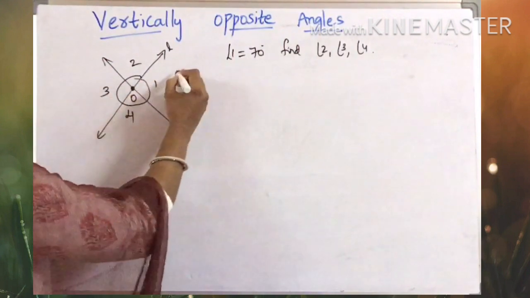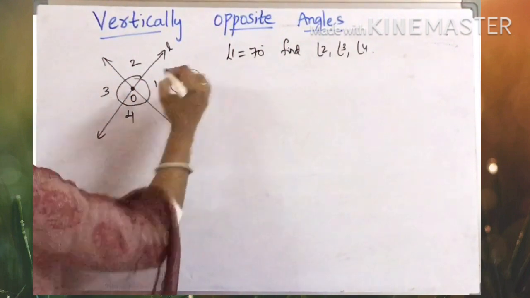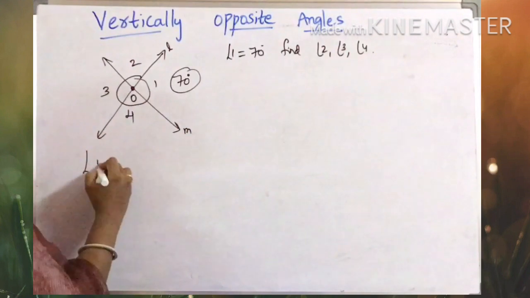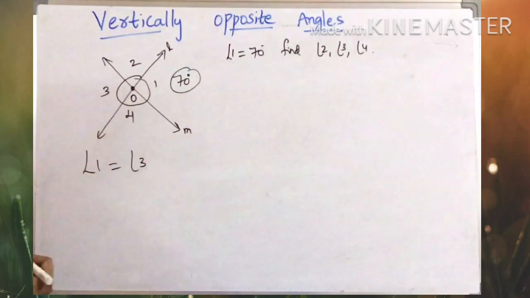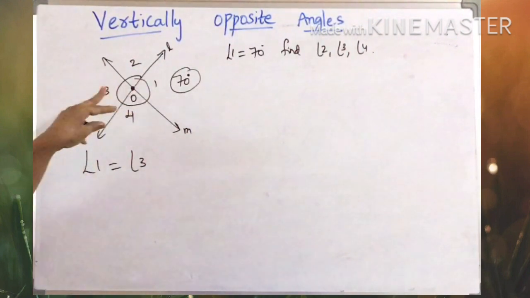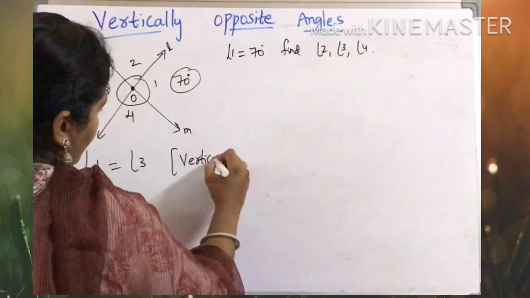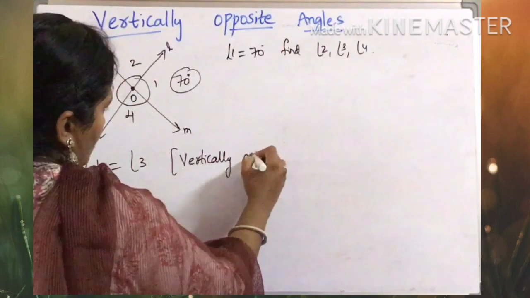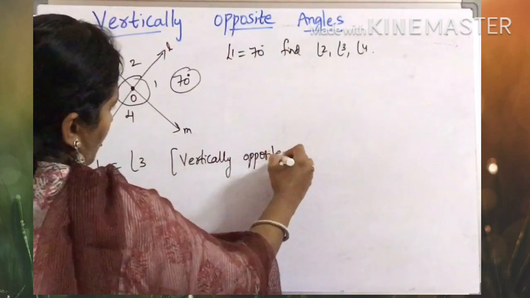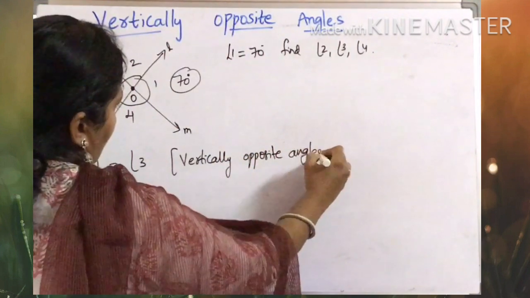Angle 1 is 70 degrees, right? So what do angle 1 and angle 3 form? They are opposite to each other, meaning they are vertically opposite angles. So always vertically opposite angles are equal.